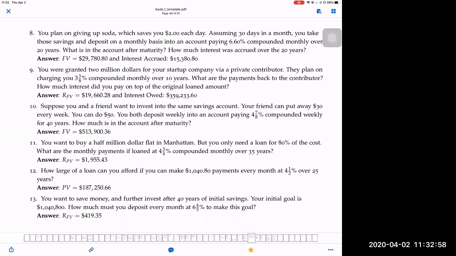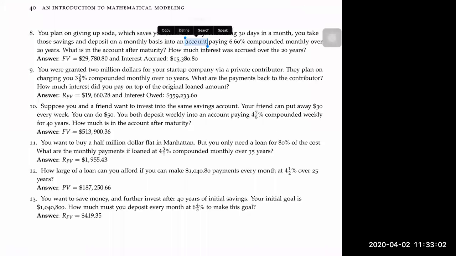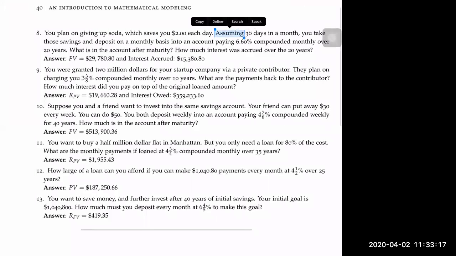See, the key point here is that you have $2 each day, and that does not match depositing on a monthly basis. So how do you make $2 match the monthly? That's because I gave you the fact that there's 30 days in a month, right? How frequently you deposit must match the compounding period.